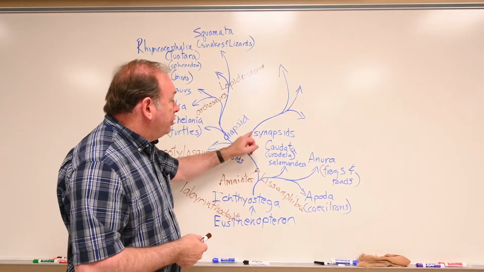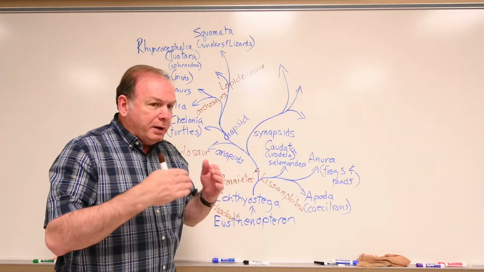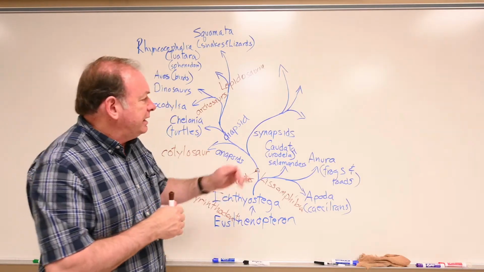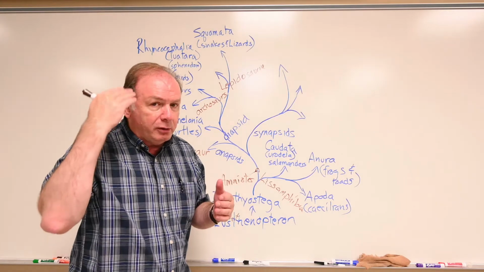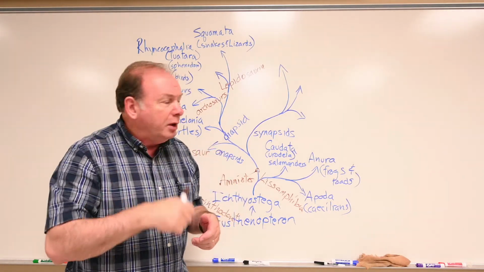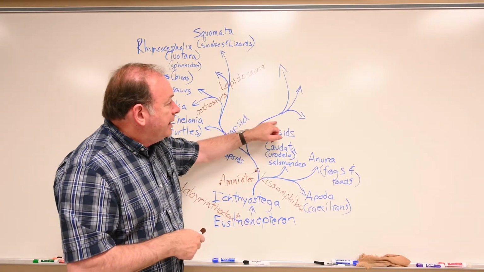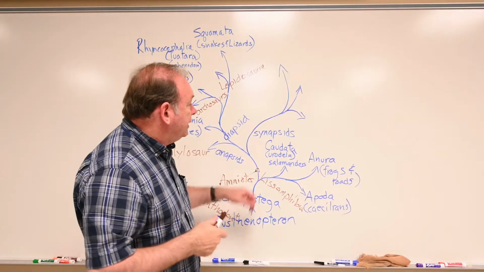Now, there's another group of reptiles called synapsid reptiles, where supposedly the word syn, together, implies that the two lateral openings of the diapsids came together to make one opening on the side of the skull, which is questionable. But anyway, there's only one opening on the side of the skull behind the orbit in these.